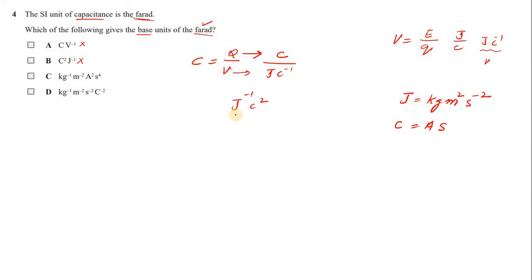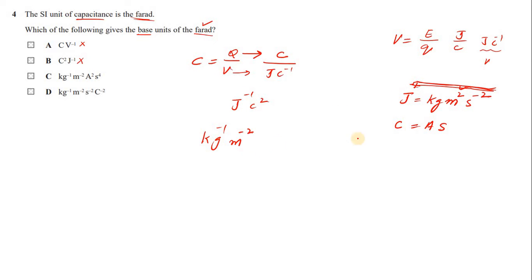So now you can replace J with its base value. So J minus 1 would be equal to kg minus 1, M minus 2, because if you put minus here, then all these powers will change sign.